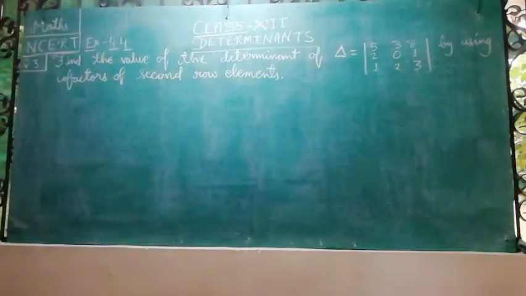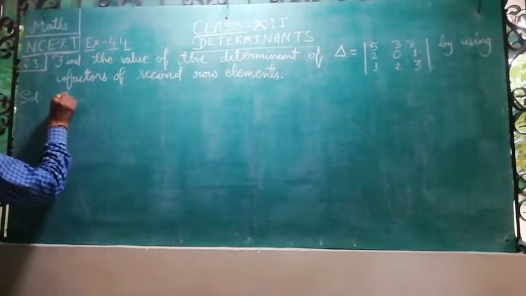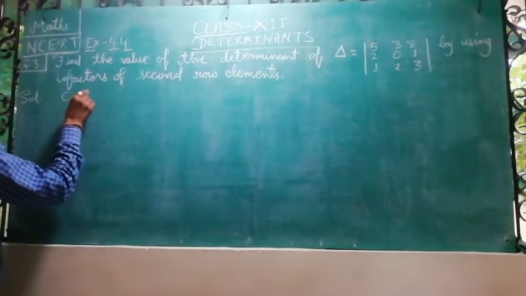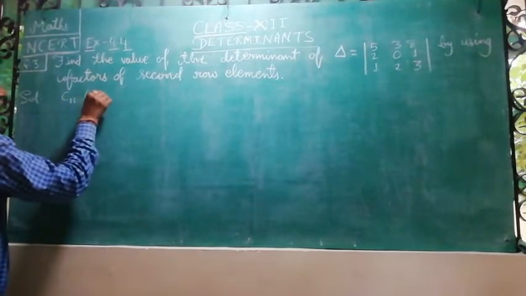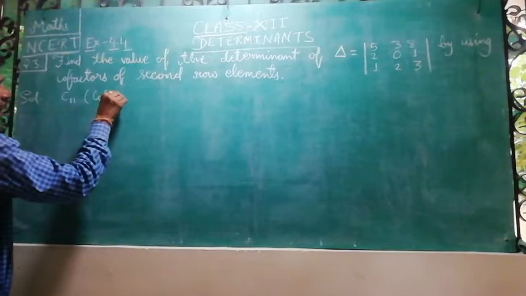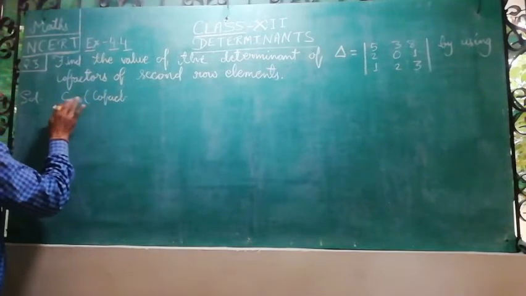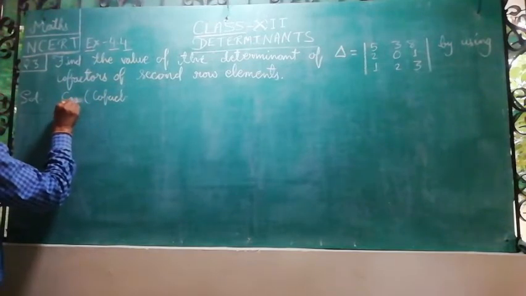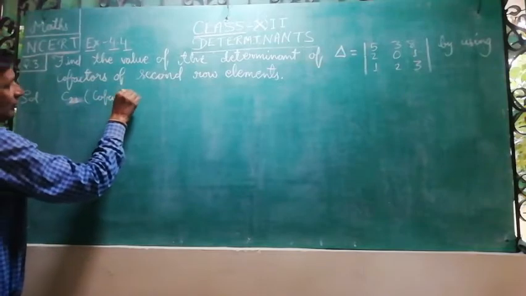How can we find this? Let us see. In the solution, first of all, we have to find C21, sorry, second row, C21. Cofactor of what?